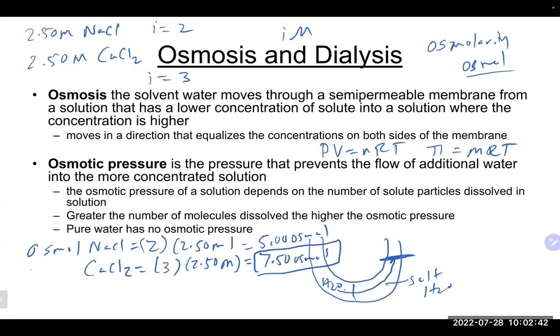It has more particles floating around in there, has a greater osmolarity, and would probably have a greater osmotic pressure as well because of that. And the same thing here, if we look at the molarity rate, the R and the T, under the same conditions, the calcium chloride would again have a higher value because we would have our i incorporated into that, and obviously it'd be adjusted in that case as well.